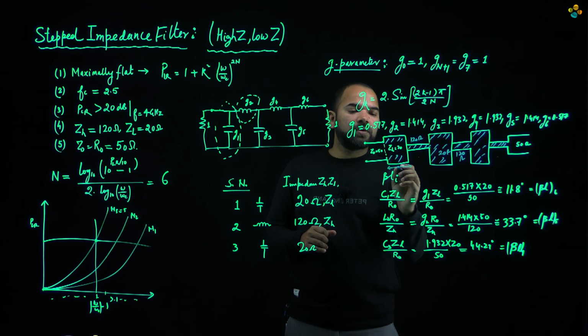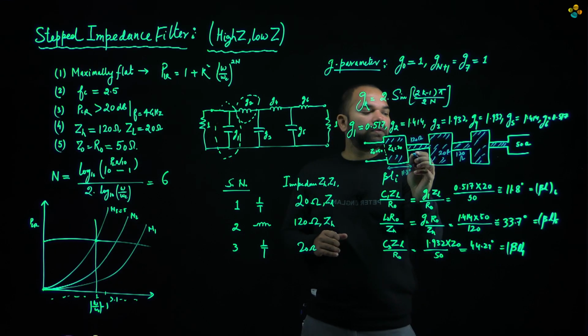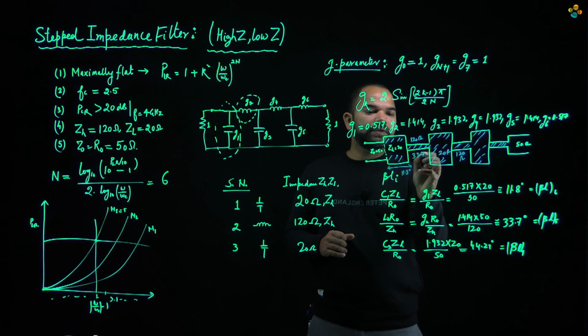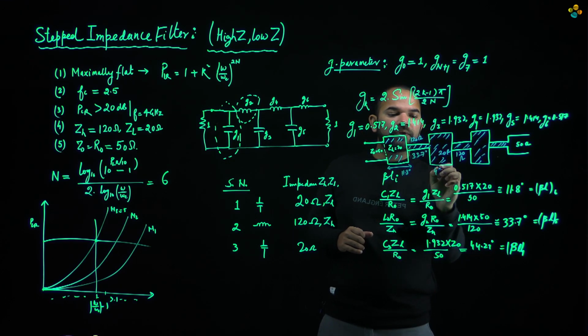So this first line comes out to be 11.8 degrees. The second one is 33.7 degrees, and the third one comes out to be 44.29 degrees.